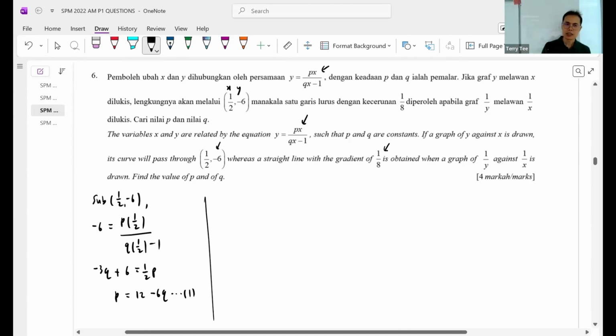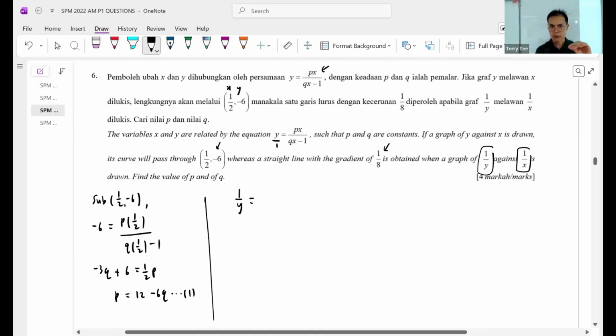Then next, we need to convert this equation to linear form. How? Question already mentioned, by plotting 1 over y versus 1 over x. Okay, the easiest way to convert this to 1 over y is to do what? Guys, this is y. Y itself means y over 1. So we're going to invert. Invert means we switch the numerator and denominator upside down.